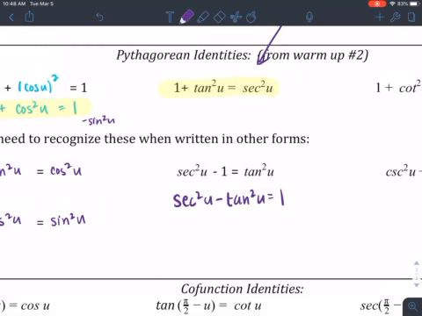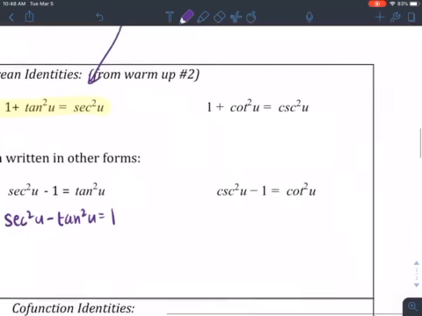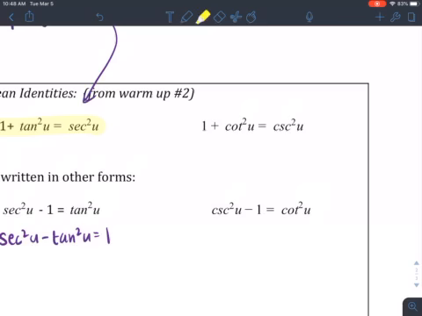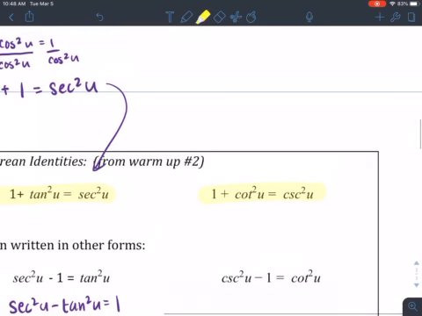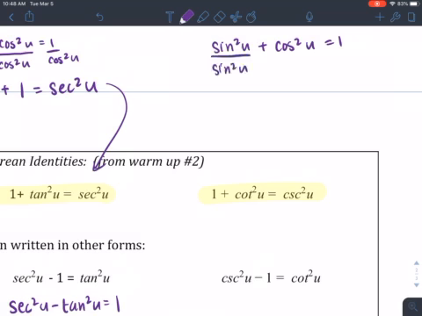All right. The last Pythagorean identity that we see is this one. We get this one the same way as how we get 1 plus tangent squared u equals secant squared u. We're going to start with our regular old sine squared plus cosine squared equals 1, and then we're going to divide everything by sine squared u this time.